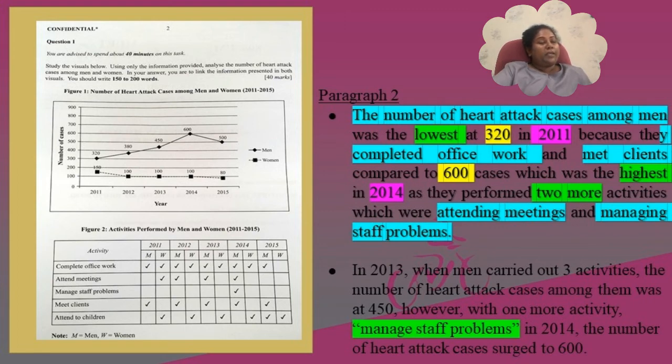Here the phrase manage staff problems is highlighted, with an open parenthesis to show that the number of words is considered 1. So when you have this parenthesis, it is 1.